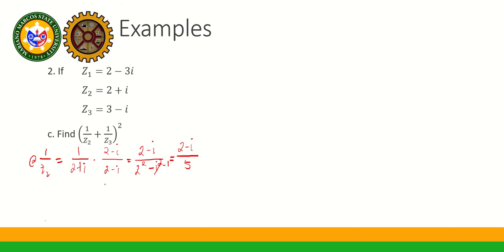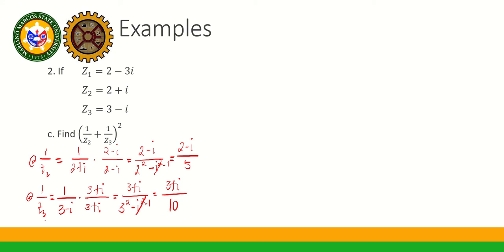Right? And then 1 over z sub 3. So this will be equal to 1 over 3 minus i times 3 plus i over 3 plus i. So this will be equal to 3 plus i over 3 squared minus i squared, and i squared is equal to negative 1, sorry. So 3 plus i over 9 plus 1, that is 10.